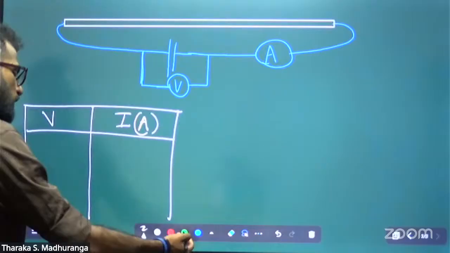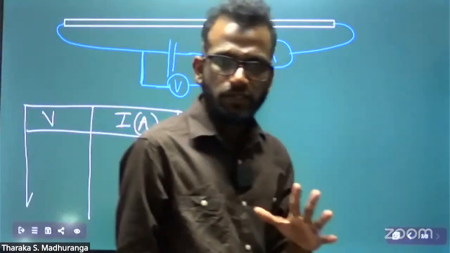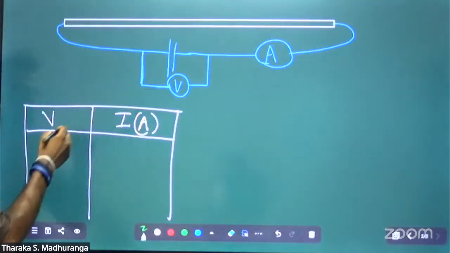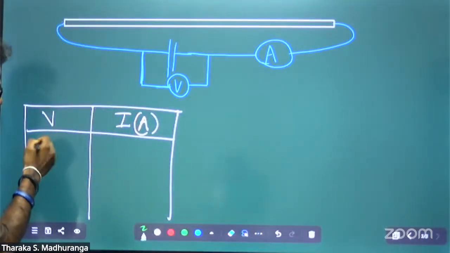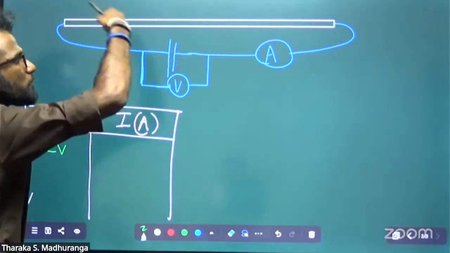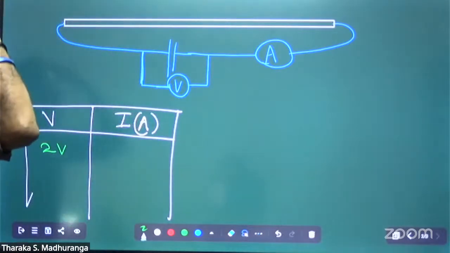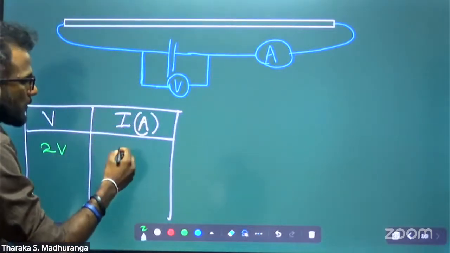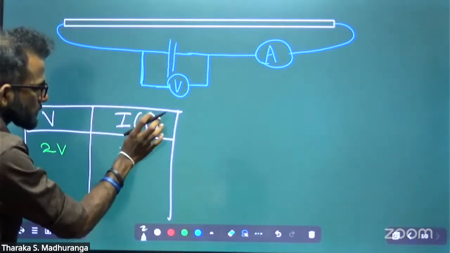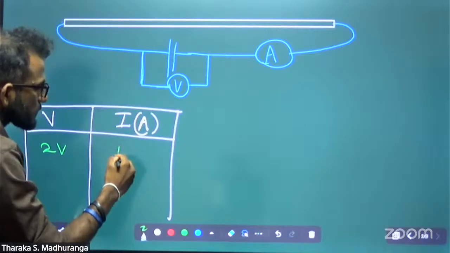In the first attempt, think the voltage starts from 2 volt and the amount of current flowing through this conductor is, for example, 1 ampere.